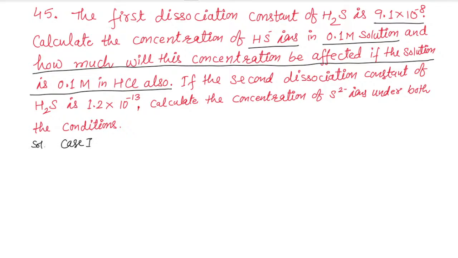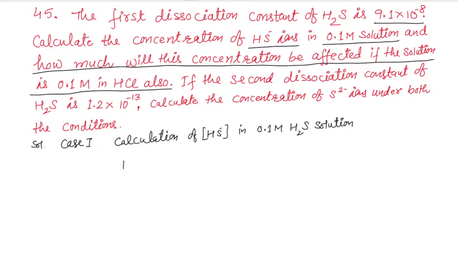So case 1. Just to calculate the HS negative ion concentration in 0.1 molar solution, means 0.1 molar H2S solution.